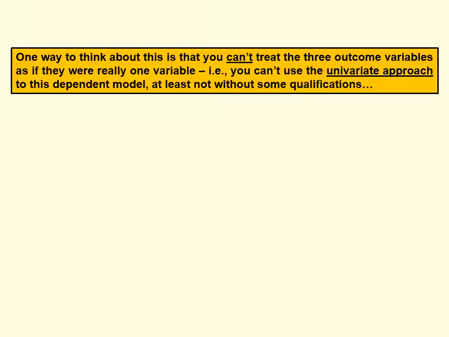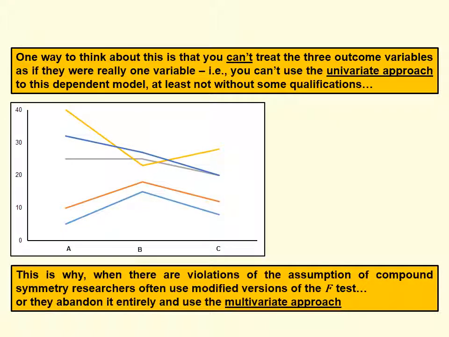So again, one way to think about this is you can't treat these 3 outcome variables as if they really were one variable. You can't use the univariate approach, at least not without a bunch of qualifications, if you had a situation like this. And this is why when there are violations of the assumption of compound symmetry, researchers often use a modified version of the F-test.